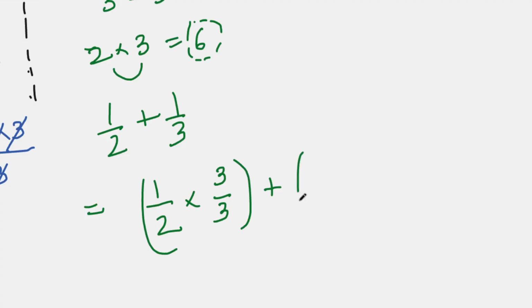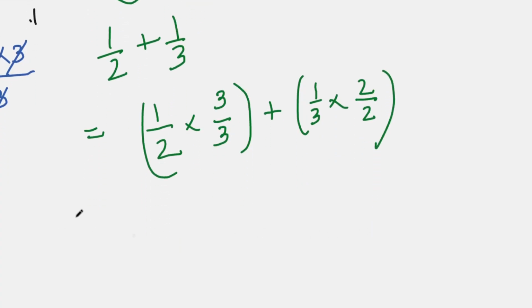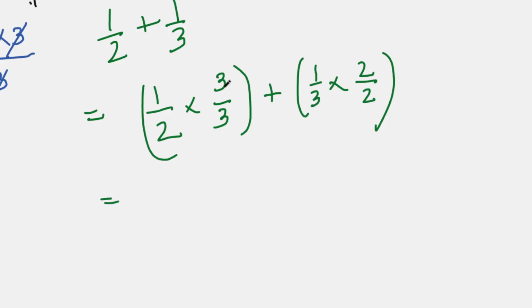Then we have 3 here in the denominator. Now 3 times 2 is 6, so 3 needs to be multiplied by 2. So we will multiply and divide here by 2. What do we get? 1 times 3 is 3, 2 times 3 is 6. Now 1 times 2 is 2 and 3 times 2 is 6.